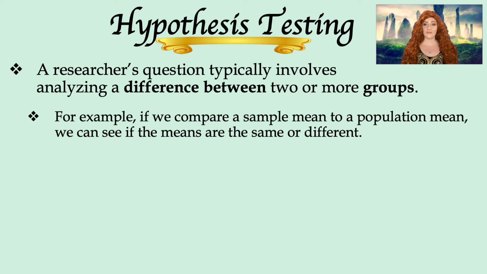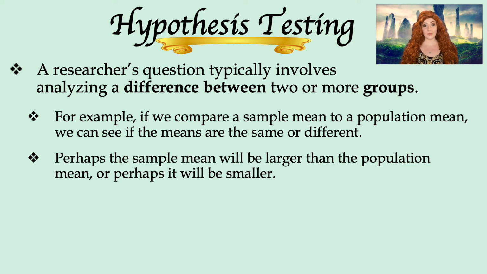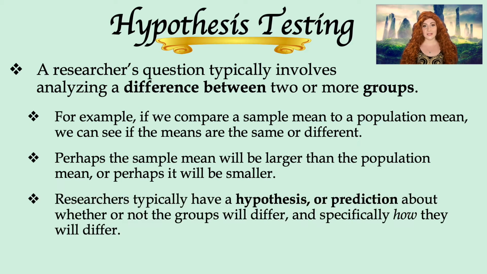For example, if we compare a sample mean to a population mean, we can see if the means are the same or different. Perhaps the sample mean will be larger than the population mean, or perhaps it will be smaller. And so researchers typically have some sort of a hypothesis or a prediction or a hunch going into any type of analysis or study that they are conducting. So ultimately, this hypothesis is about whether or not the groups will differ, and if they do differ, specifically how they will differ.